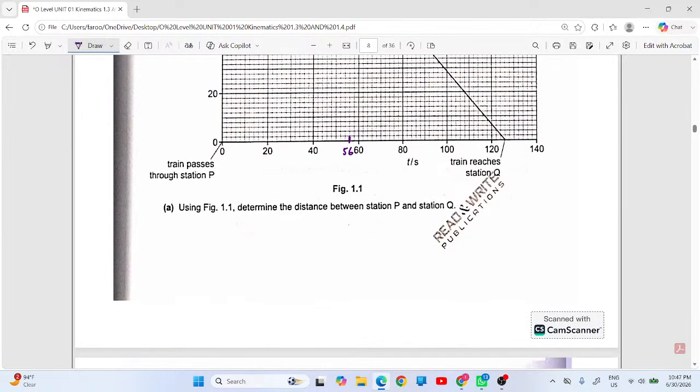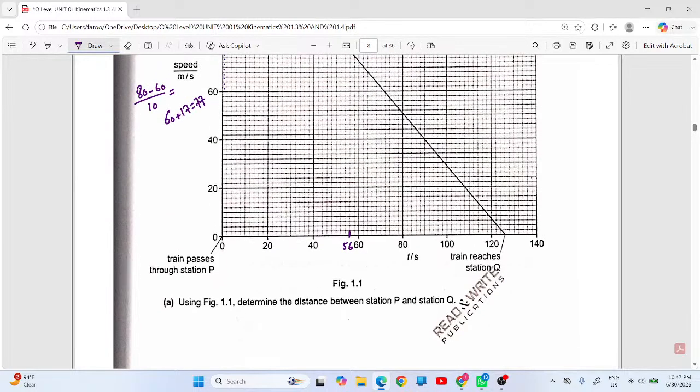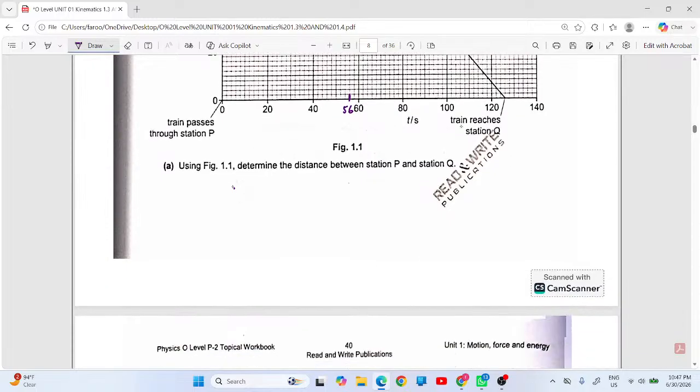You have to find the distance between the station P and Q. Distance between P and Q क्या होगा? Distance is equal to area under the graph, speed time graph.